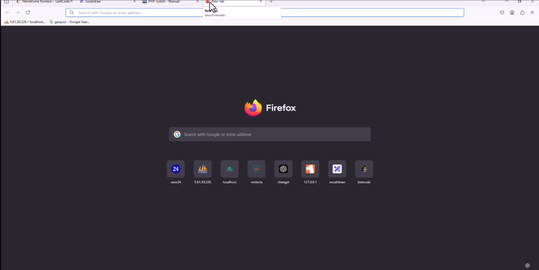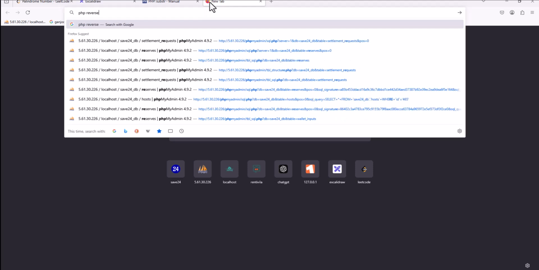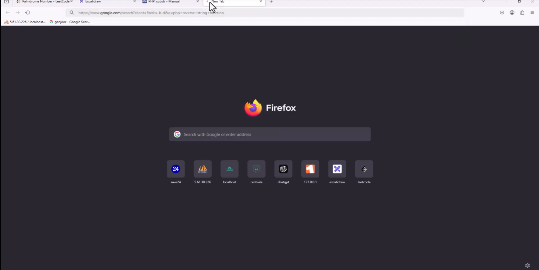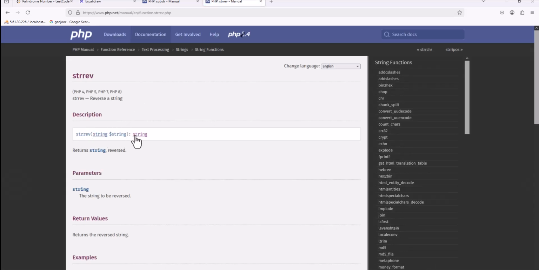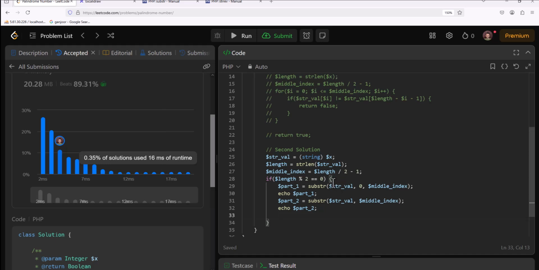It would be the PHP reverse string function, strrev. Makes sense? And we can say return strrev part 2.